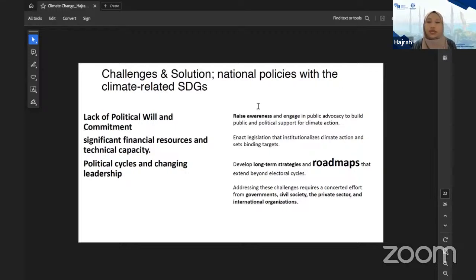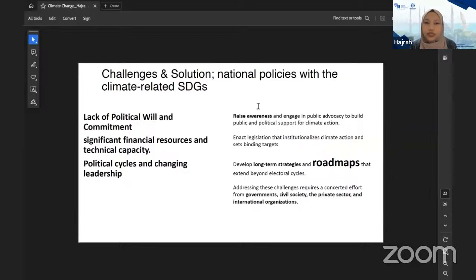You have social media, Instagram, TikTok, and so on, to raise awareness not only among you, but you can also create advocacy to the higher level, like perhaps with this international summit and things like that.